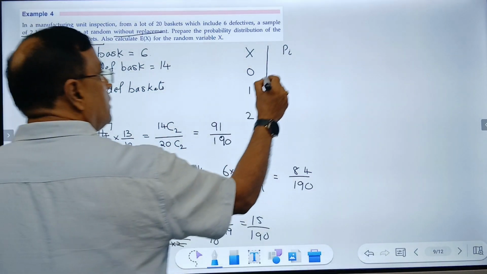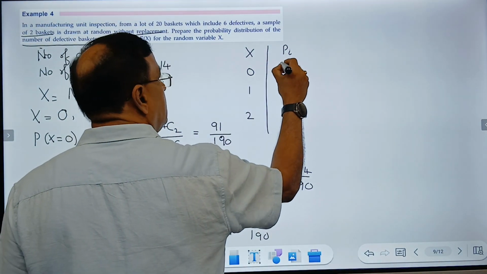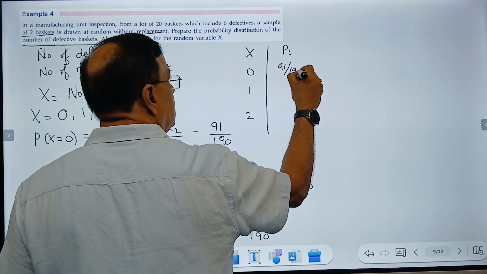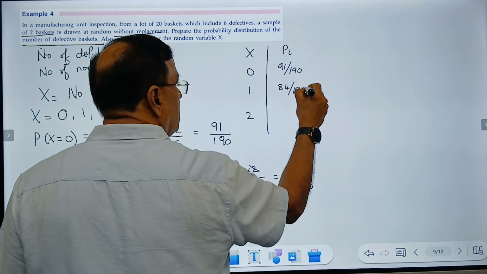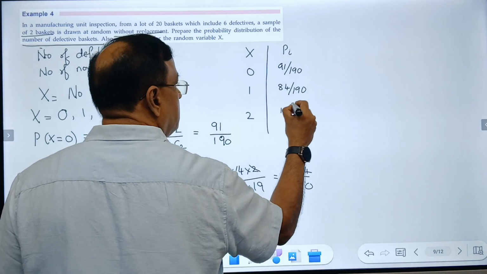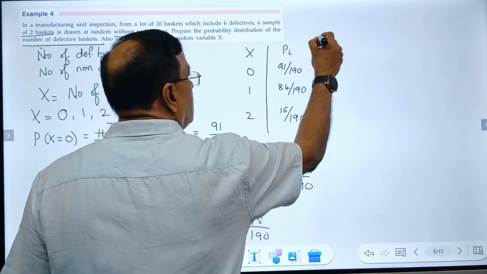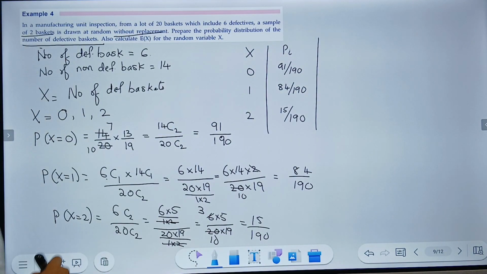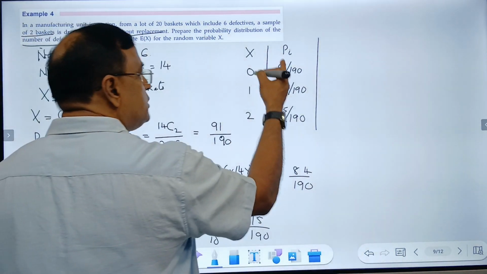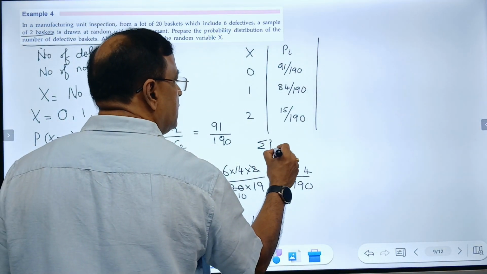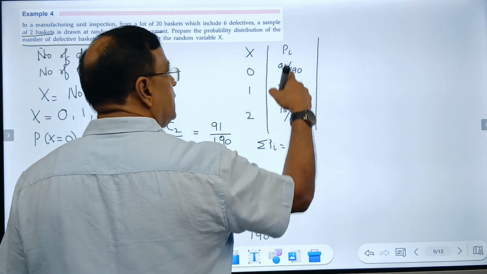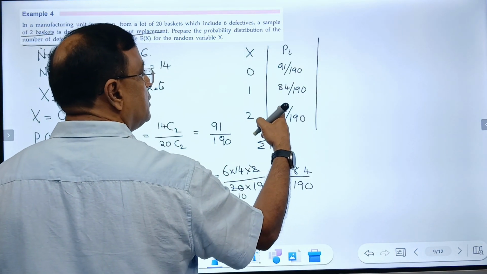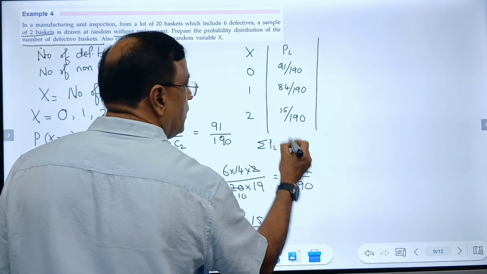So for 0 it is 91 by 190, for 1 it is 84 by 190, and finally for 2 it is 15 by 190. Now we'll cross check whether it is a valid distribution. Sigma Pi, this is 91 plus 84 plus 15 is 190, so it's correct. It's 1, okay?